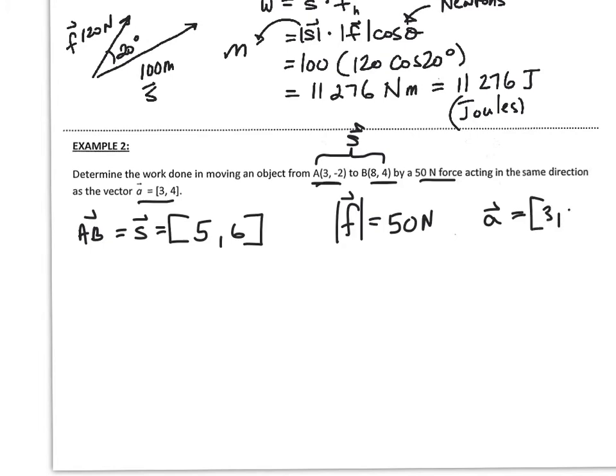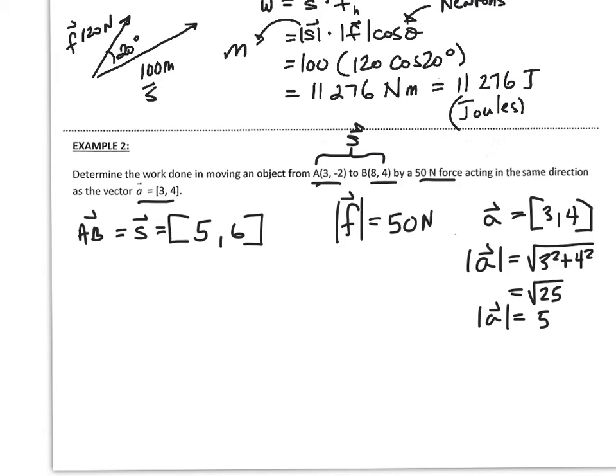And we know that the force is just going in the direction of A. So obviously if I do this Pythagorean theorem here, we won't get a magnitude of 50, and that's what we need to get for our vector. So what we do is we'll change this to a unit vector. So first we'll find the magnitude of A, which is going to be 3 squared plus 4 squared, which gives us square root of 25. So the magnitude of A is equal to 5.